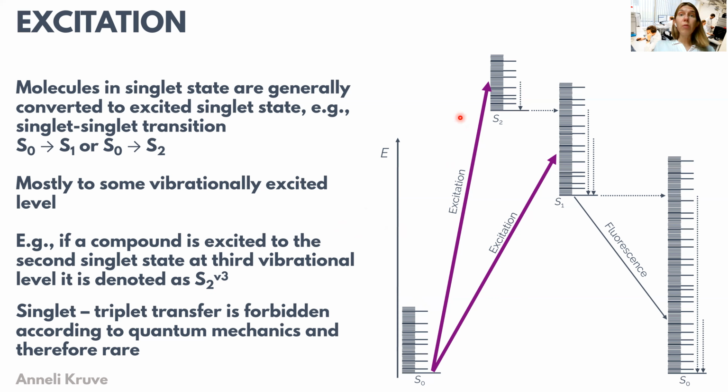Usually the singlet transitions are the ones that we will be observing, so either excitation to S1 or S2, and then the corresponding vibrational levels. Singlet-triplet transfers are usually not directly observed, but they can be populated due to other processes.